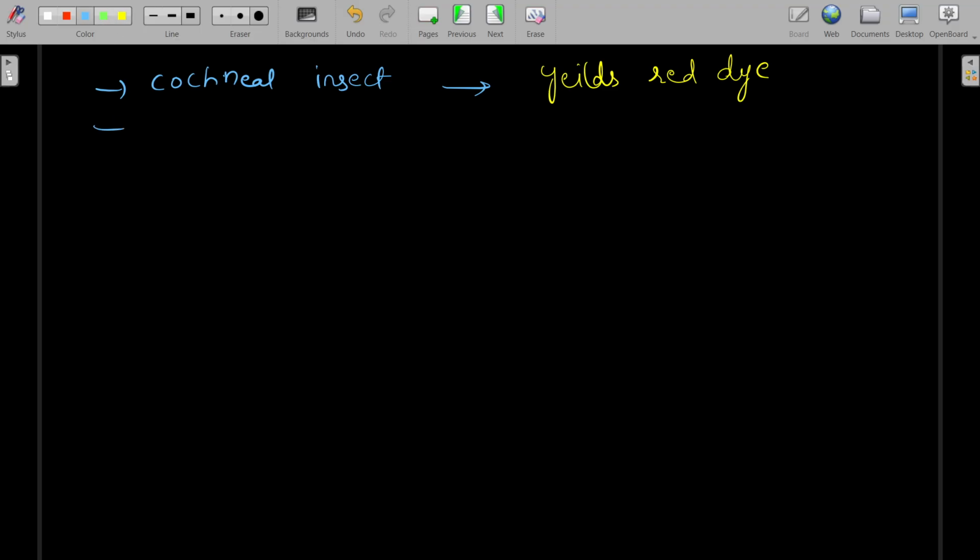Next, cicada. This reminds us of the new variant of corona, Omicron. Okay, so this cicada is a fly or insect. It produces the loudest sounds.